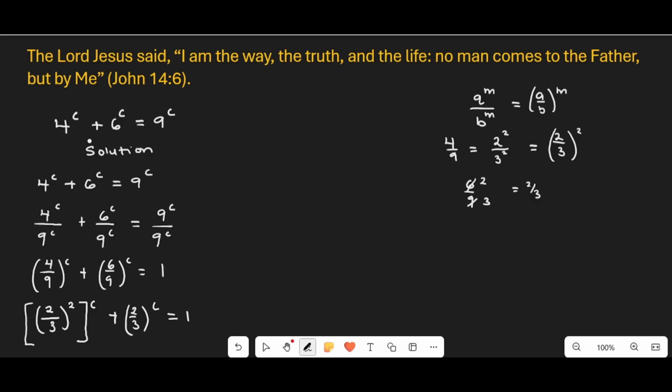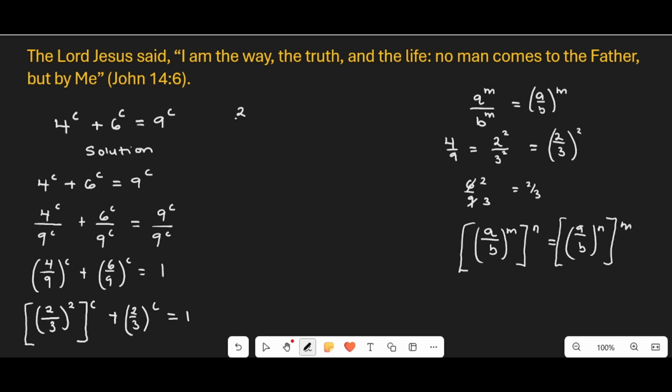And in logarithm, if we have A over B raised to power M and all raised to power N, it can be written as A over B all raised to power N and all raised to power M. What I'm saying is that we can interchange the powers. So here now let us rewrite it like this.